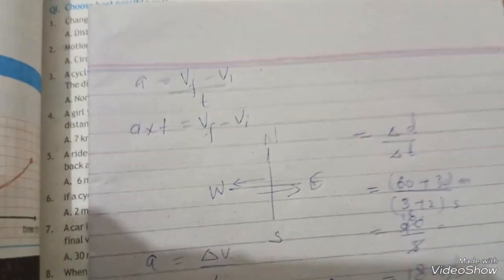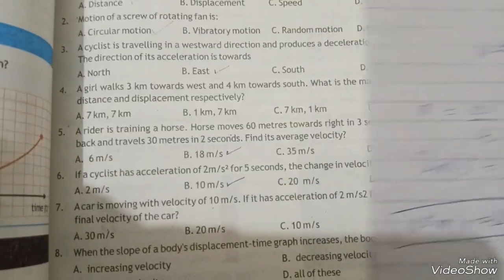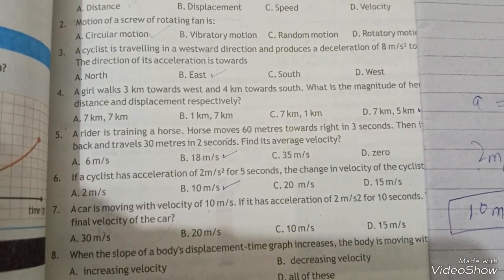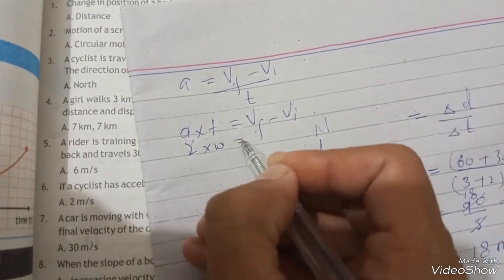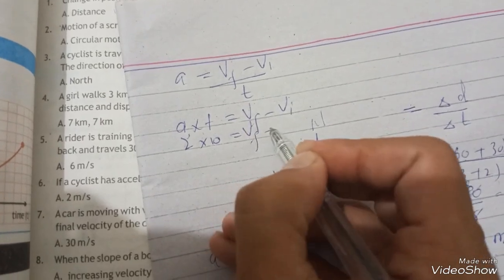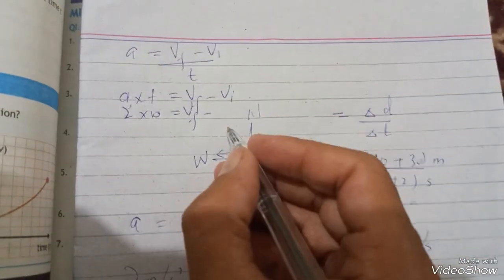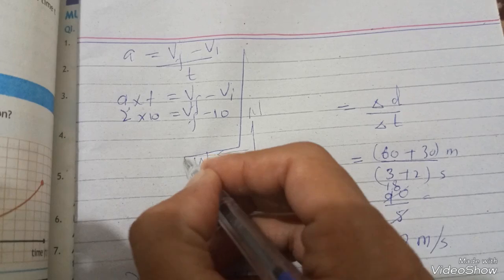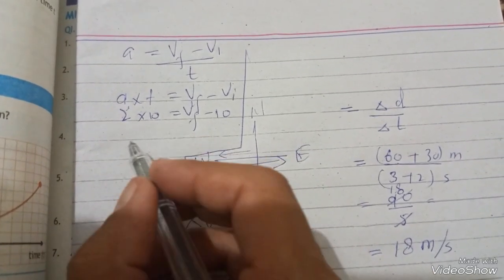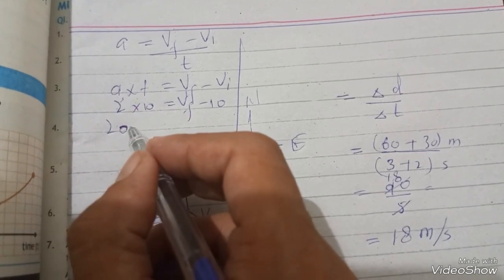The acceleration is 2, multiplied by 10, equals vf minus the initial velocity, which is 10 meters per second. 2 multiplied by 10 is 20 meters per second.